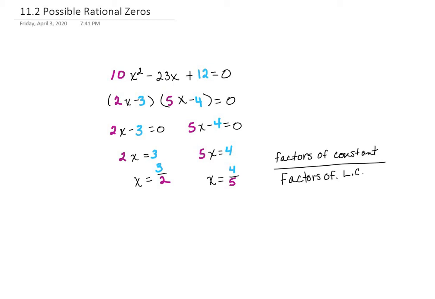Now the constant is this number 12 out here. Constant means it's always the same, so there's no variable associated with it. And the leading coefficient is the coefficient of your biggest degree. So in this case, it's 10. So my numerators are the factors of the constant, 3 and 4, or factors of 12. And in the denominator, I have factors of my leading coefficient, 2 and 5.